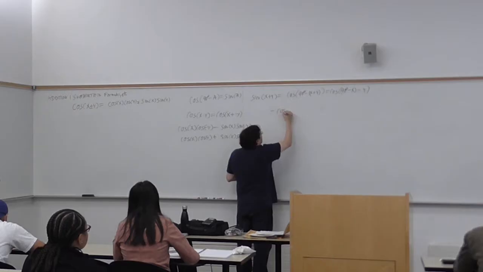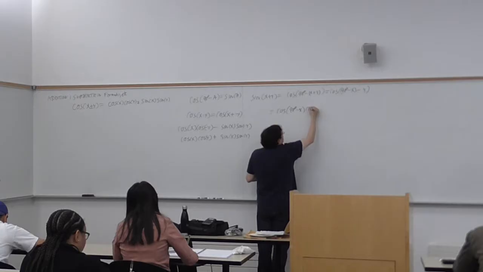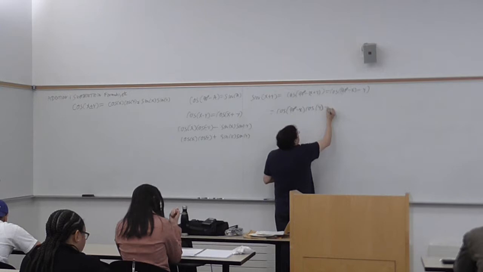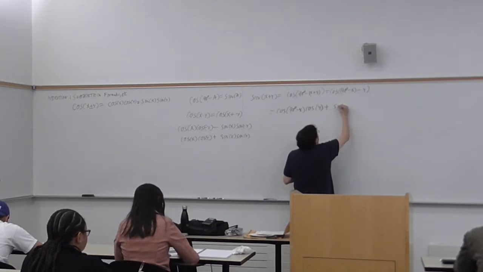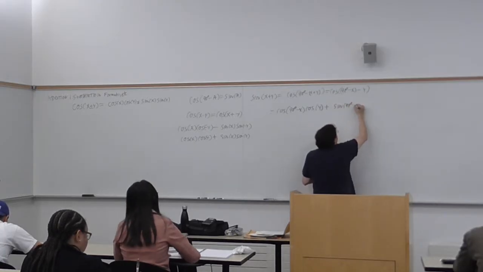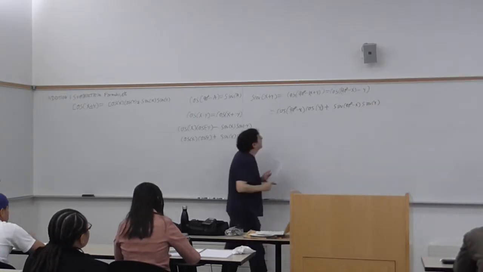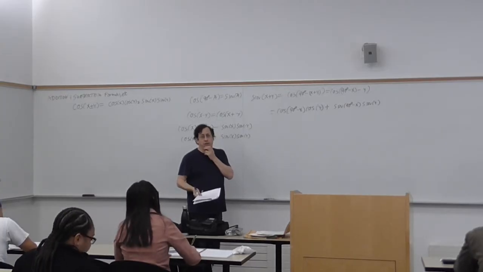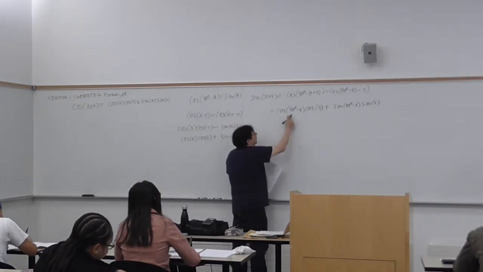That'll be cosine of 90 degrees minus x times the cosine of y minus, no, this is a minus, so it's a plus, sine of 90 degrees minus x, sine of y. Okay, but now I have to use my co-function identities. They're already becoming useful.